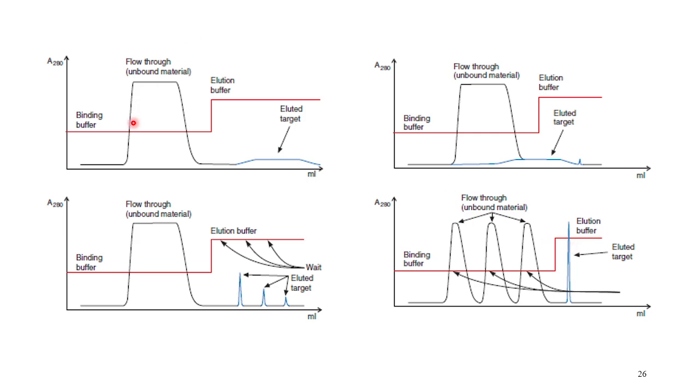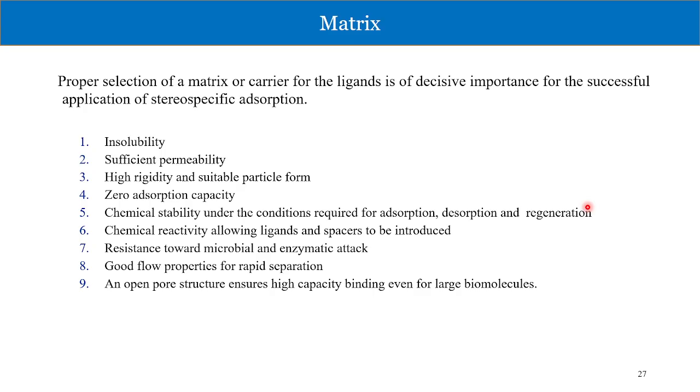Sometimes when you're loading the entire protein, the column just gets oversaturated, and your protein comes out, which you cannot even track. But when you load in different intervals in small amounts and then go with the elution, it gives you a better elution profile. All these graphs we call the elution profile of a particular protein.